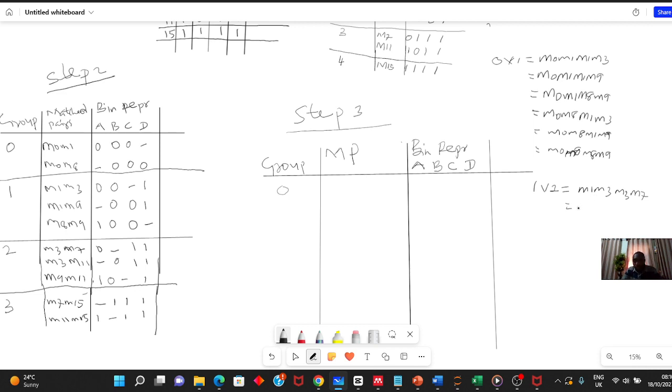So we are going to have M1, M3 mapping M3, M11.